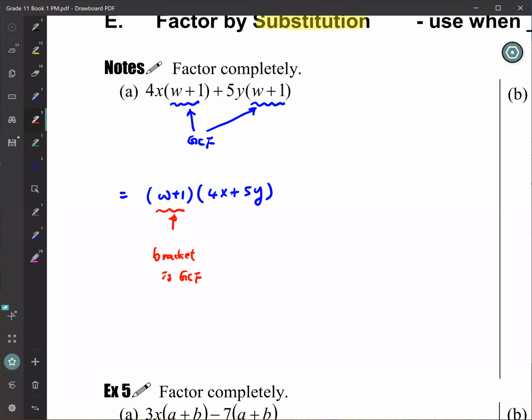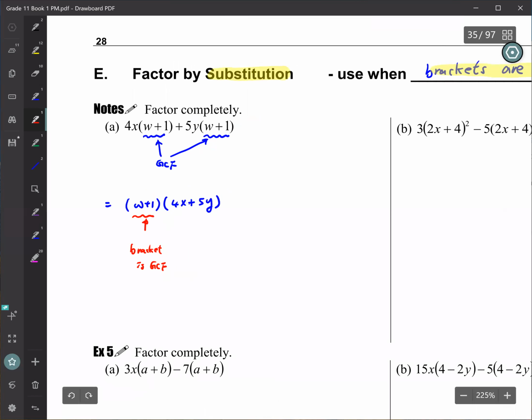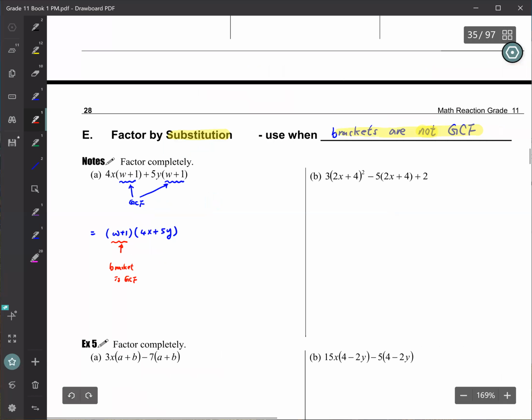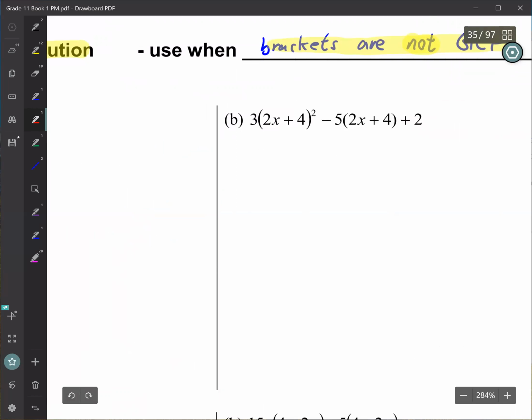So let's look at the question where the bracket is not GCF. Look at question B. Here we have 3 terms. So why is the bracket in this question not GCF? Elaine?